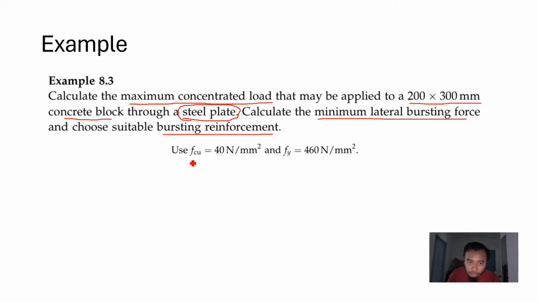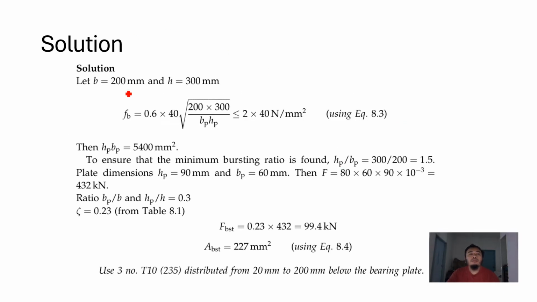You need to use concrete grade 40 and high strength steel of 460 Newton per millimeter square. So the solution: as given in the question, your dimension is 200 times 300.